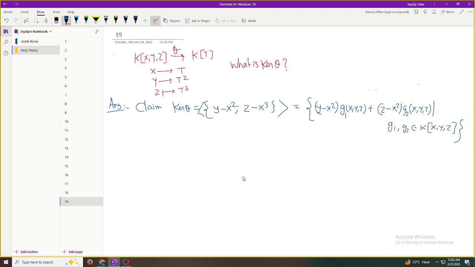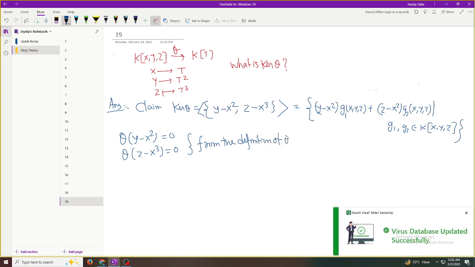This is the ideal. So it is easy to see that theta of y minus x square is 0, theta of z minus x cube is 0, because of the definition of theta. So this is a subset of the kernel of theta.